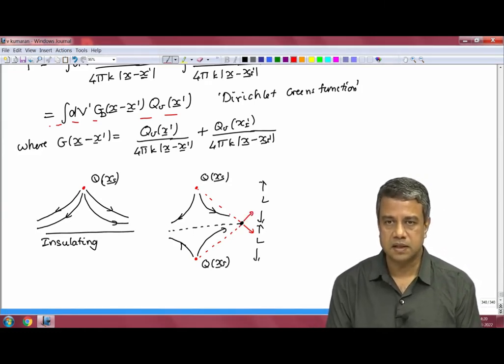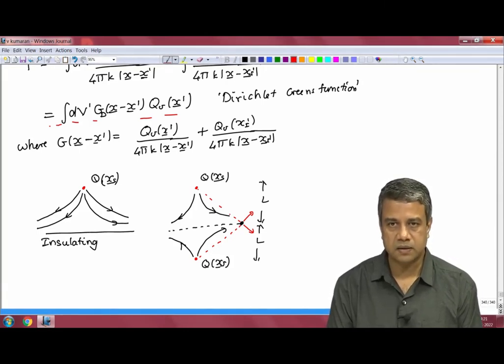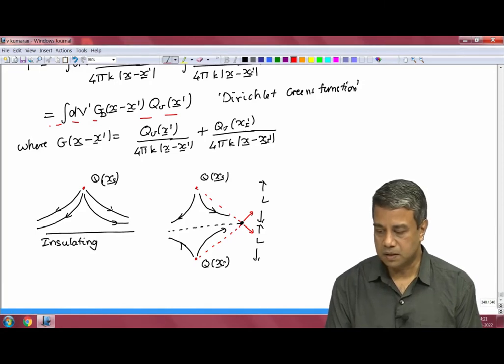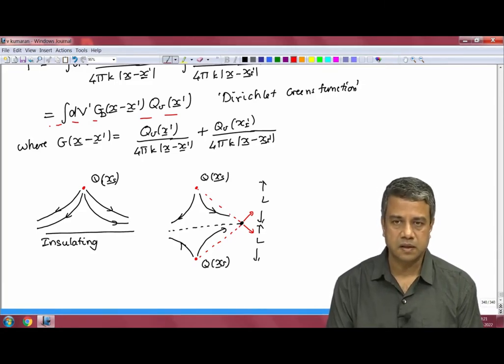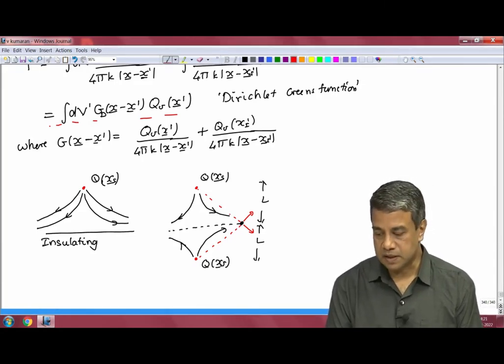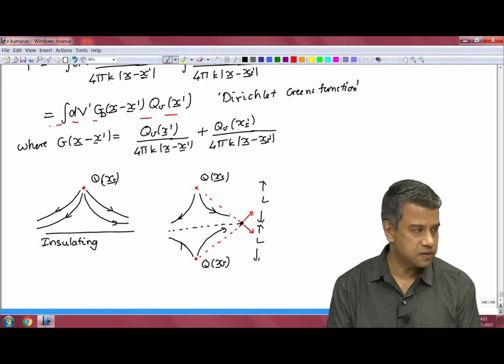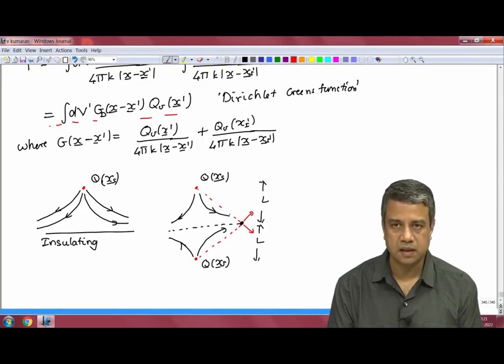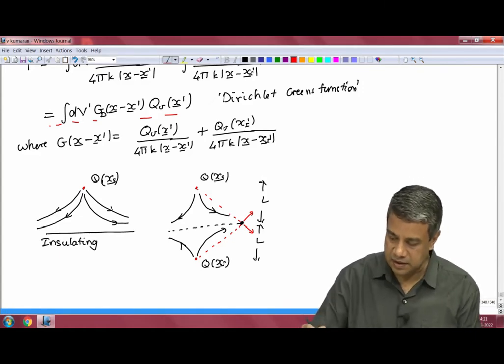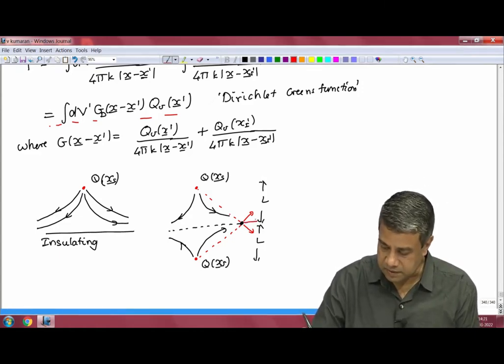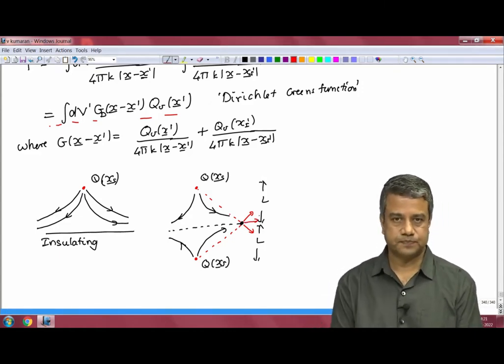As you can see, the magnitudes of these two are equal, and the components parallel to the surface are equal. The components perpendicular to the surface are opposite of each other, because at this plane the distance from the source and the image source are identically the same. Therefore, you get no component that is perpendicular. The net flux is going to be along the surface.